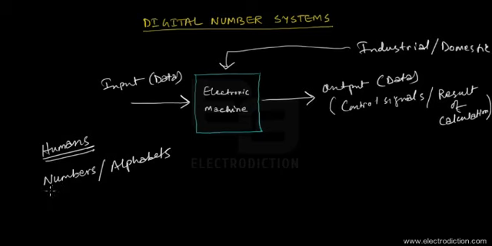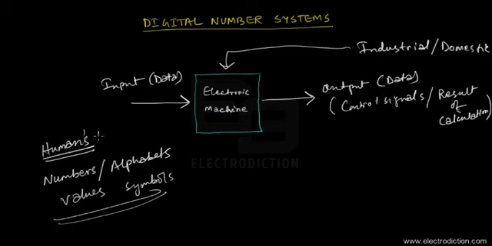Whenever we talk about humans, data stands for some kind of values or some sort of symbols that have certain meanings. So this is data from the human point of view.